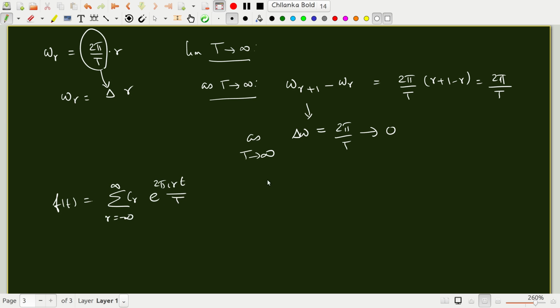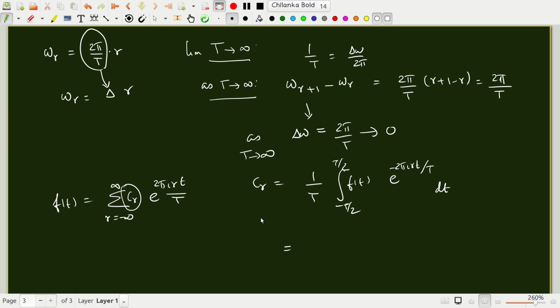The coefficients c r are found as 1 over T times the integral from minus T by 2 to T by 2 of f of t e to the minus 2 pi i r t by T dt. Now instead of 1 over T I can write delta omega by 2 pi, since 1 over T is equal to delta omega by 2 pi.